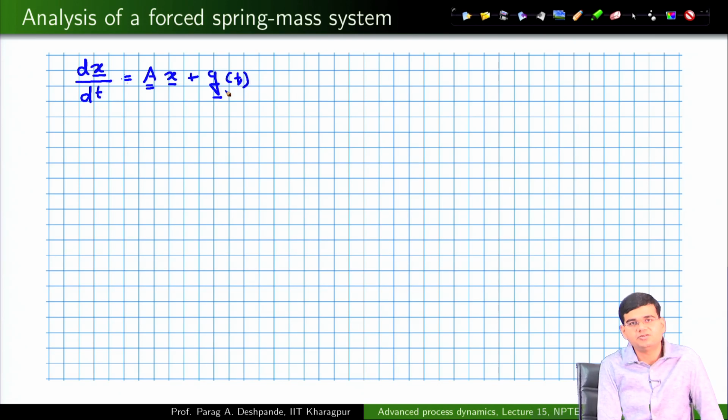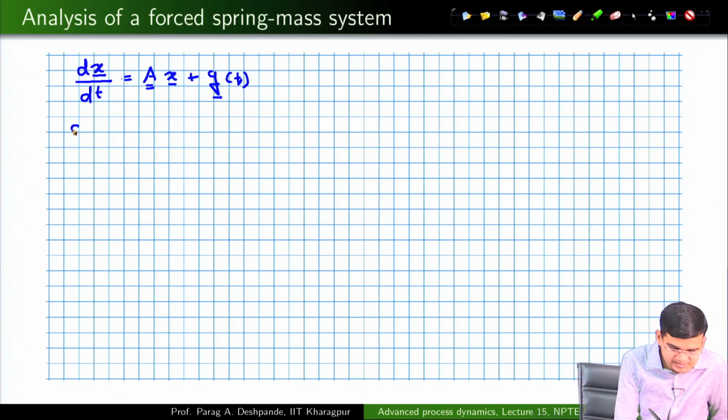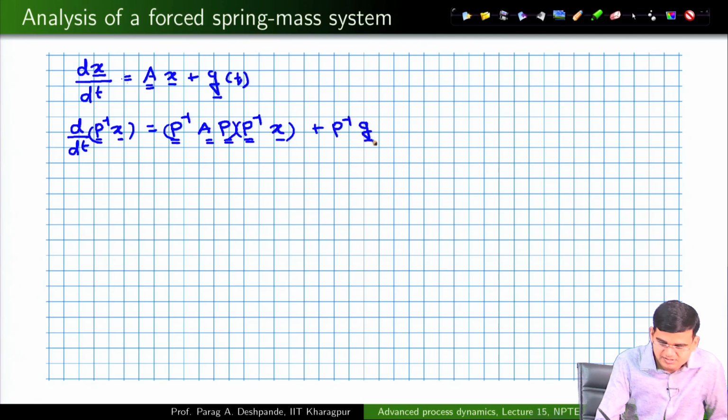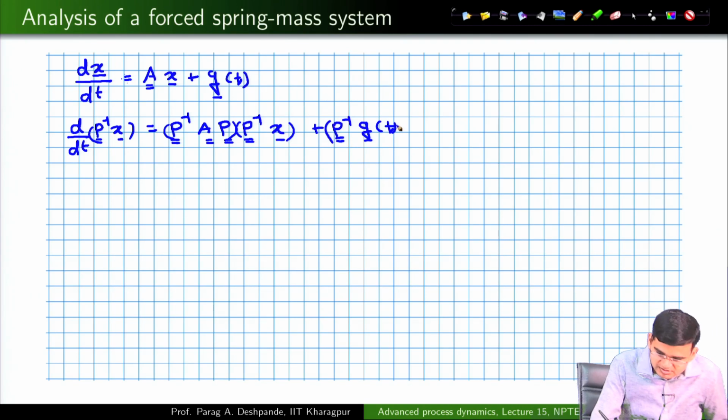So, let me diagonalize the matrix. I can write this as d/dt of (P inverse x) is equal to (P inverse A P)(P inverse x) plus P inverse g(t). So, I will put this also in bracket.